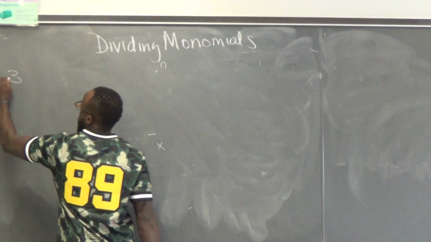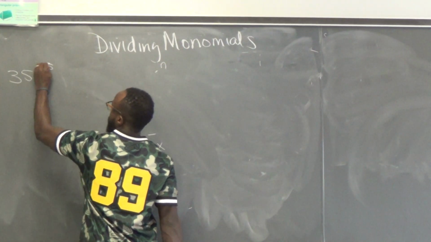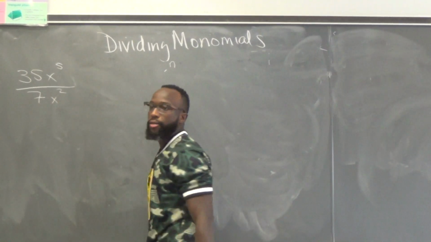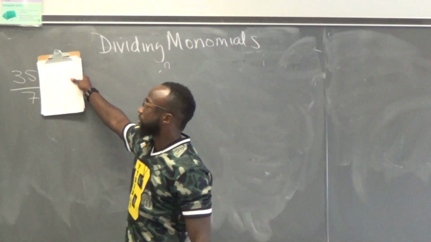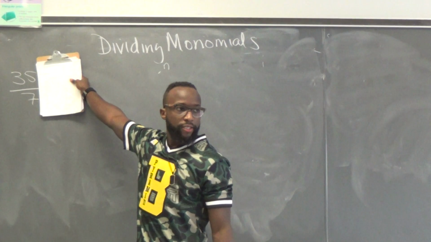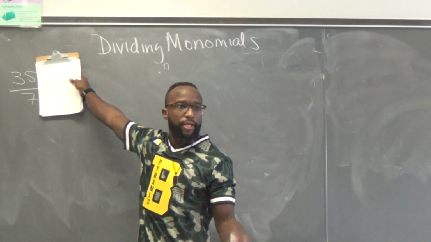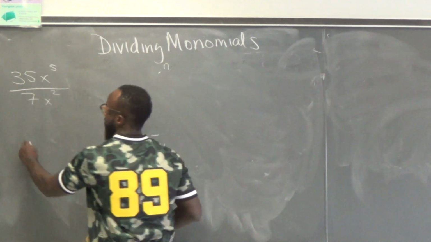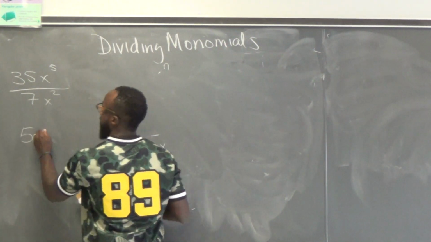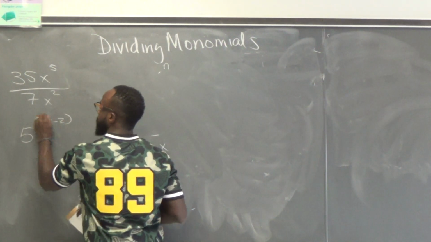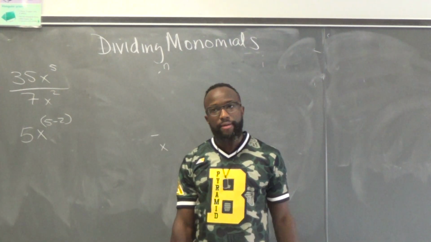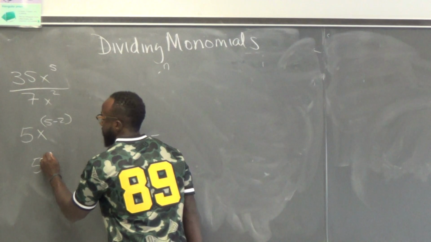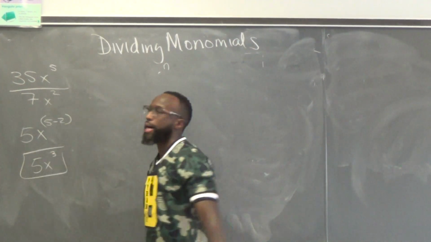So if I had 35 x to the 5th power over 7 x to the 2nd power, the first thing you want to do is divide your coefficients. 35 divided by 7 is what, Richard? 5. So you got 5 here, and then you have x to the 5 minus 2. 5 minus 2? 3. So your solution will be 5x to the 3rd power.